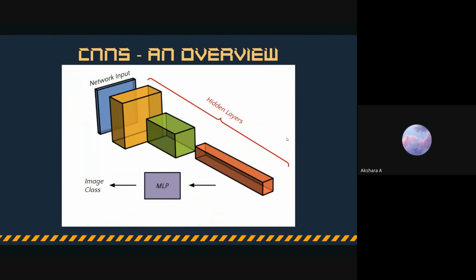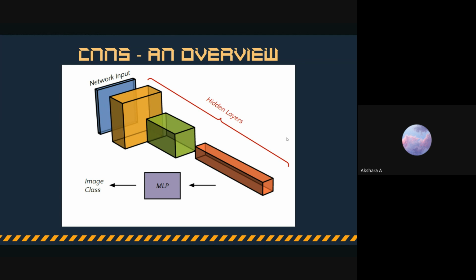So let's zoom out and take a final look at the overall structure of a convolutional neural network. As we can see, the network input, which is typically an image, is processed through several hidden layers. These hidden layers usually consist of alternating convolution and pooling layers, which extract and process spatial features. After those, the data is often flattened or uses global average pooling, and passed into a standard multi-layer perceptron.